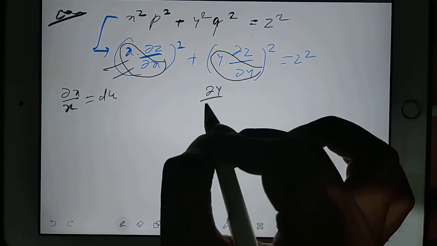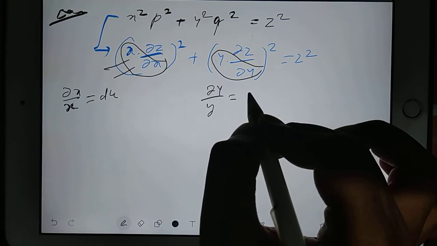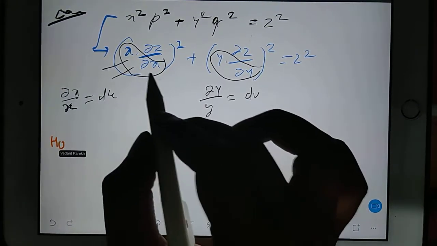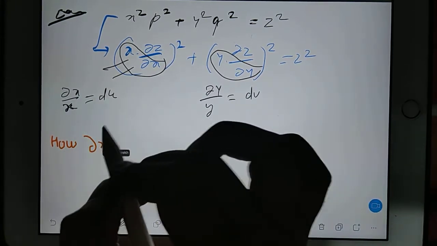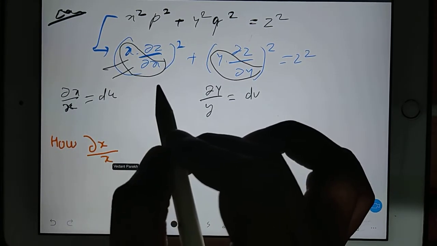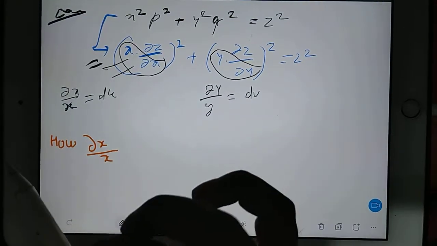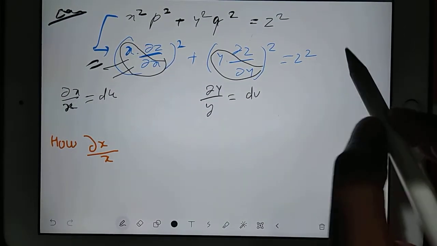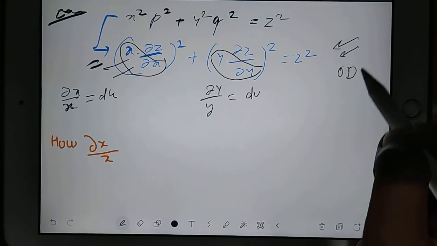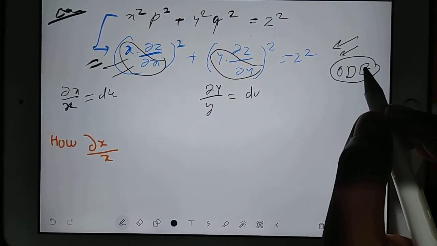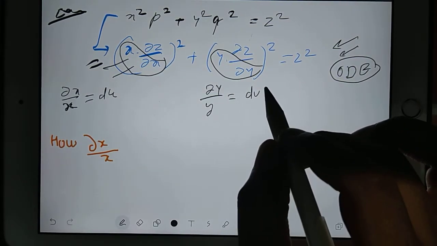So I am considering dy by y is equal to dv. So this equation, no, I'm replacing, because after this we cannot solve. This kind of situation we used to get in ODE also, right? So we used to replace some variables. So here also we are replacing in the same way.